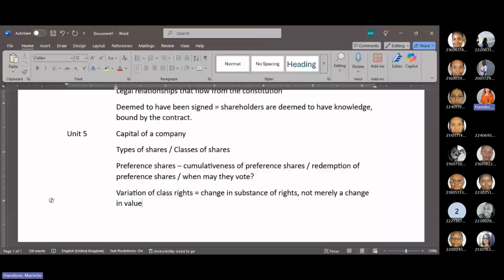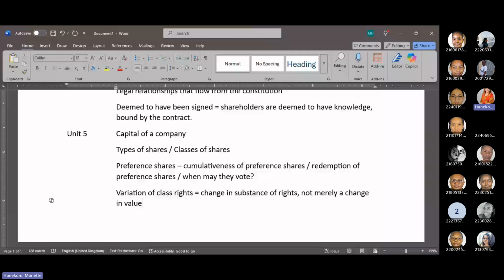You have no right as a shareholder to be able to sell your share for a certain amount of money. As a shareholder, you have the right to be able to vote at a meeting, that type of thing. Those are enforceable rights. And if those rights stand to be affected by this decision, so the substance of the rights, it is considered a variation of class rights. If it's just affecting value, there is no variation of class rights.